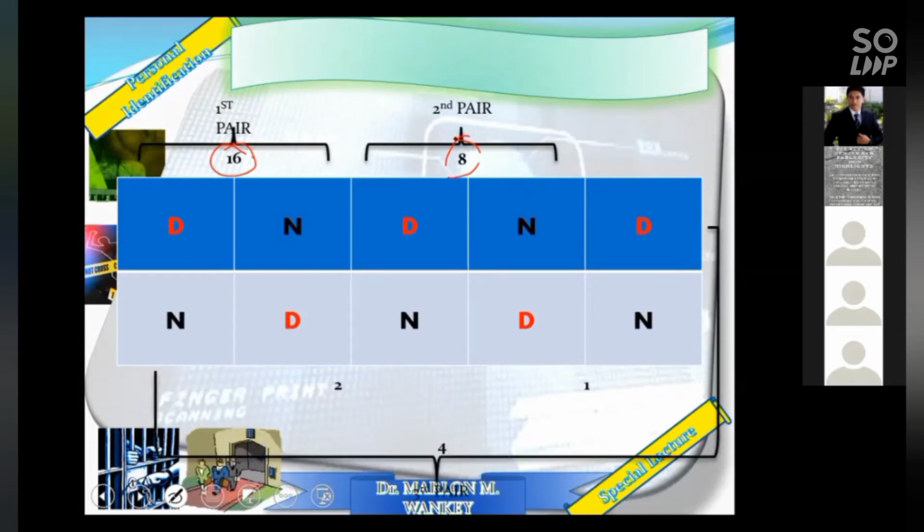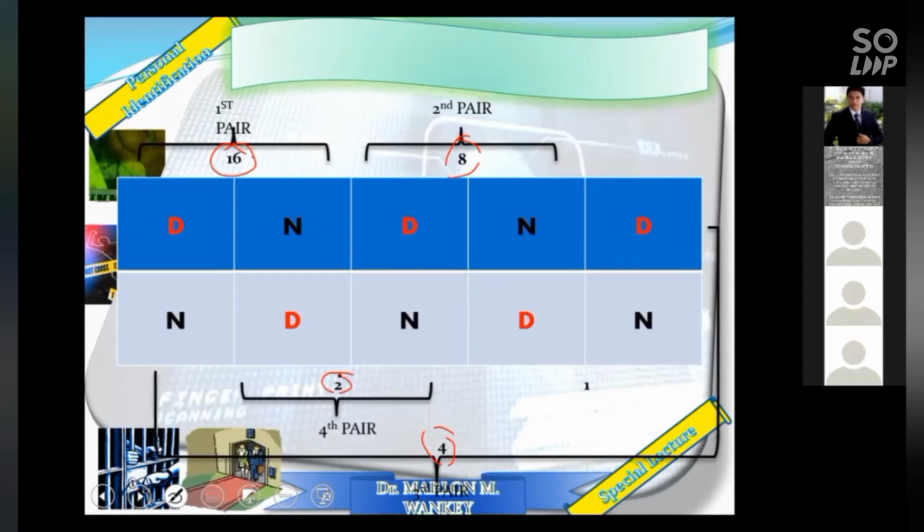The next pair is the right little finger and left thumb, and the value is 4. The next pair is the left index finger and the left middle finger, and the value is 2.